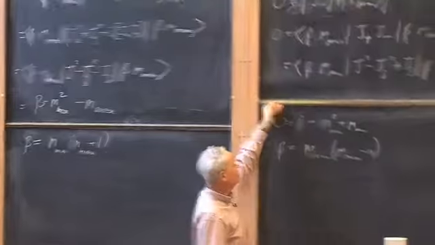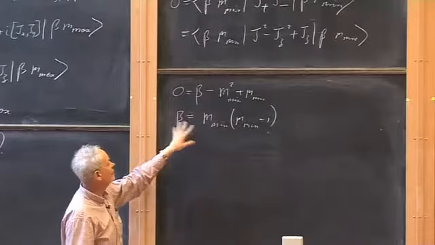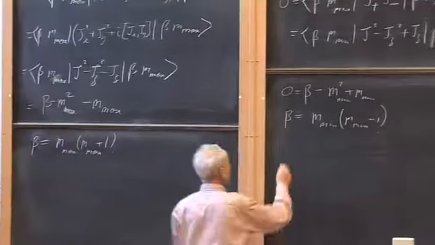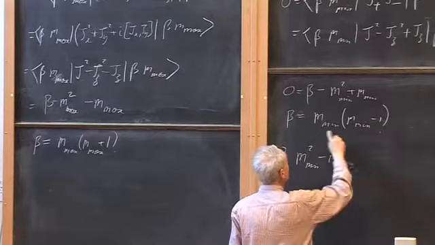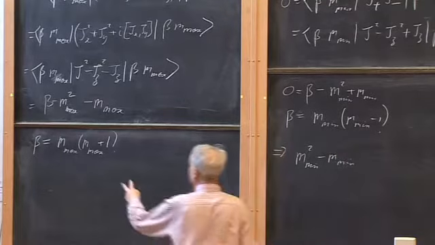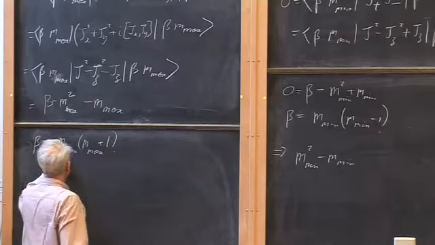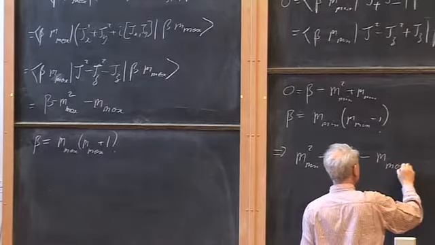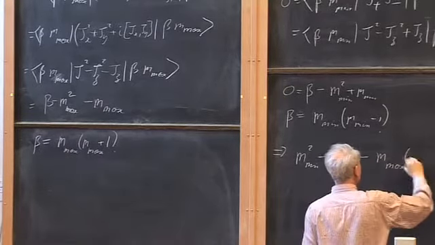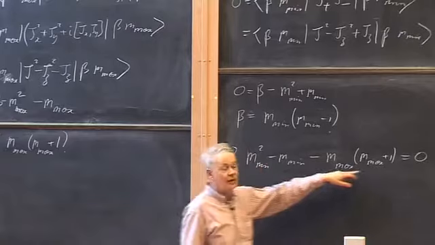And between these two equations, we can eliminate beta and learn that m min squared minus m min, which is this, minus beta equals naught, but minus beta is the same as minus m max brackets m max plus 1. So we have this equation, and this can be thought of as a quadratic equation for m min in terms of m max.